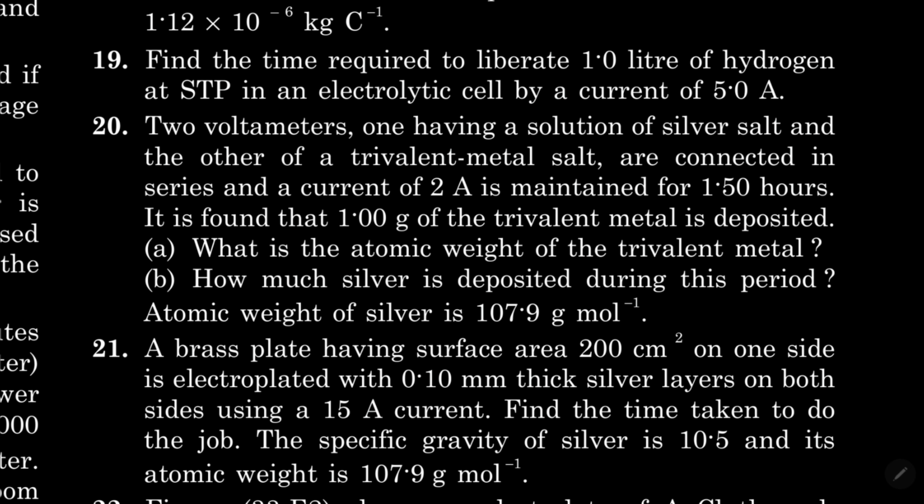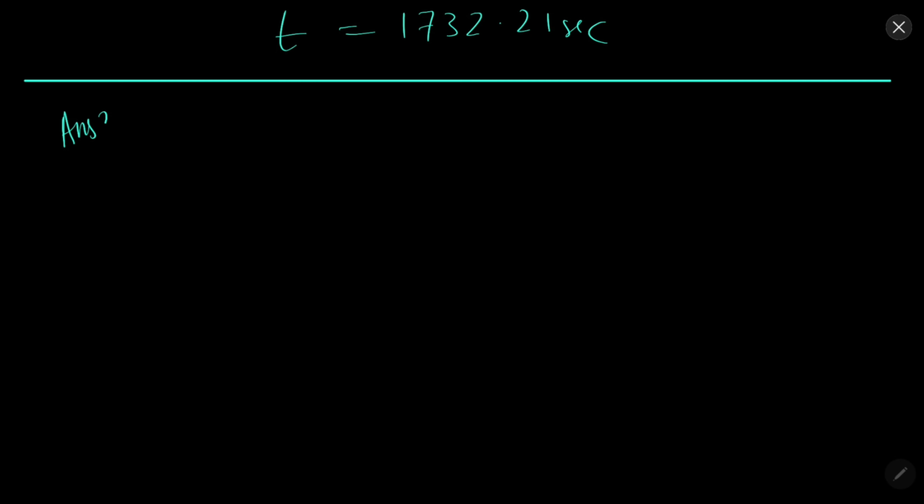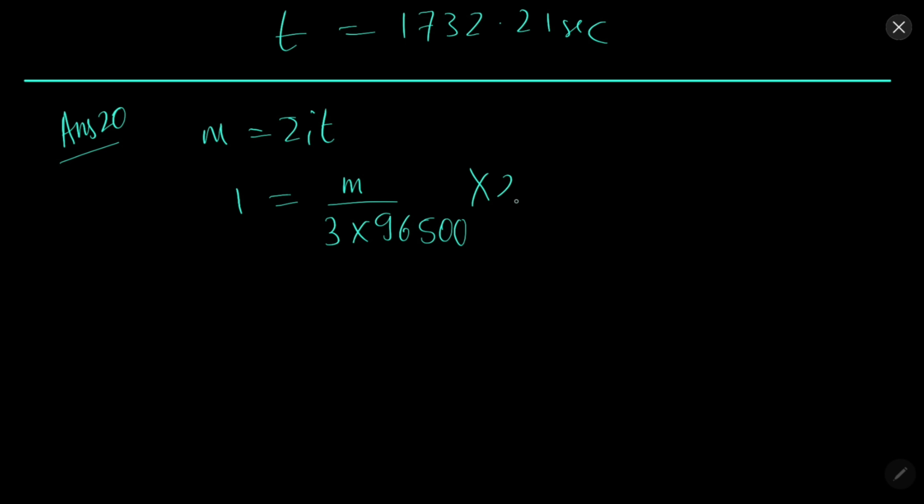In 20, we need to find the atomic weight of the trivalent metal and how much silver is deposited. Solution 20. So mass is ZIT: 1 equal to 3 over 96500 into 2 into 1.5 into 3600.